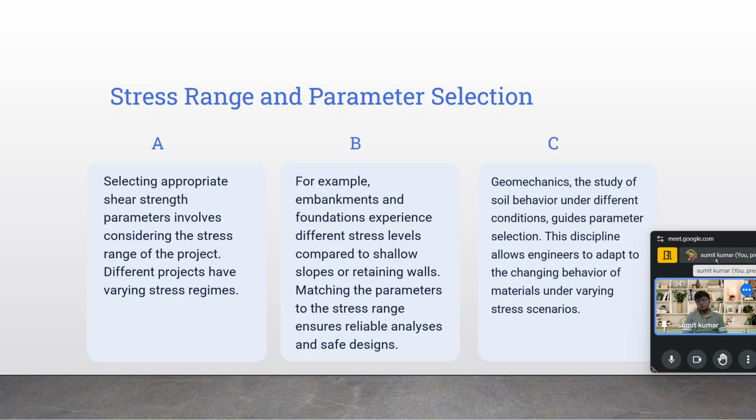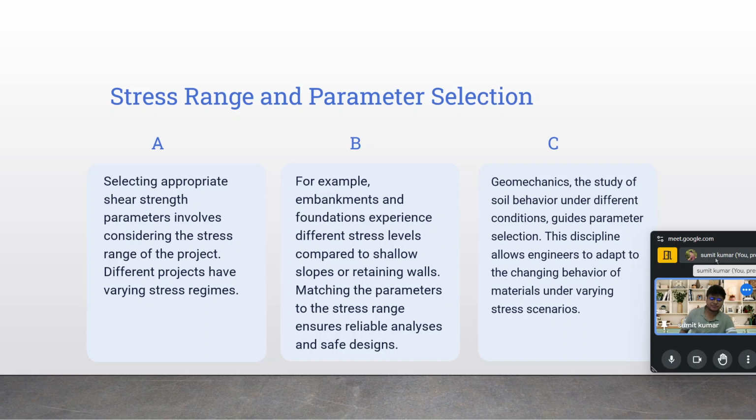Matching the parameters to the stress range ensures a reliable analysis and safety. Geomechanics, the study of soil behavior under different conditions, guides parameter selection. This discipline allows the engineer to adapt to the changing behavior of the material under varying stress scenarios.